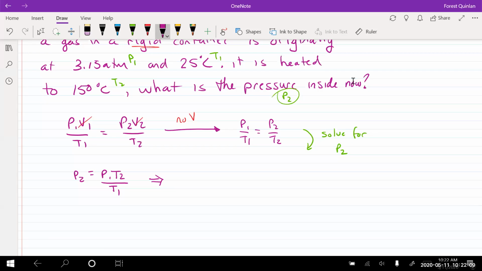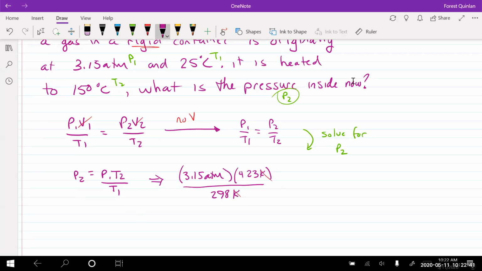So that P1 is 3.15 atmospheres. T2, what is T2 going to be now? 423 Kelvin. And of course, 25, I know that one is 298, because we always have to get down to that Kelvin.